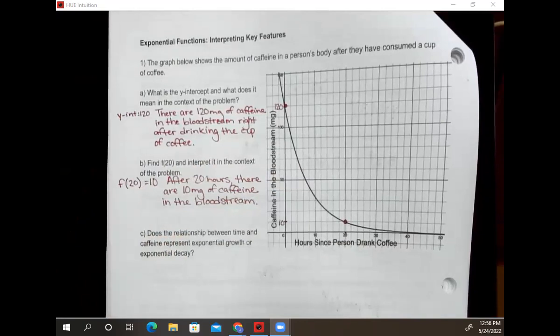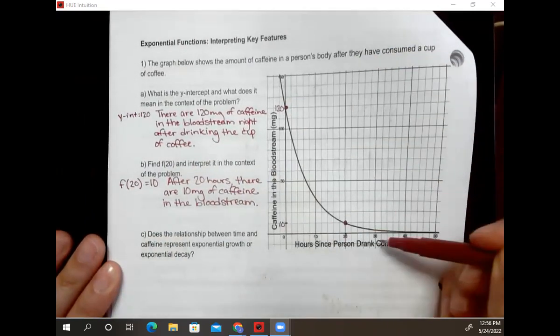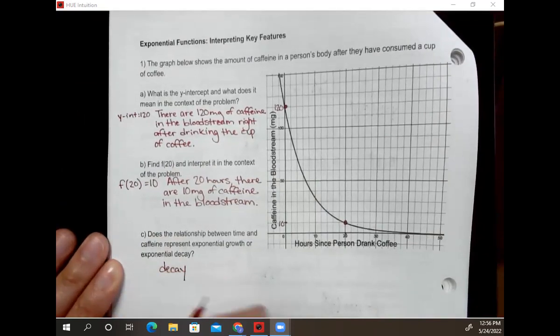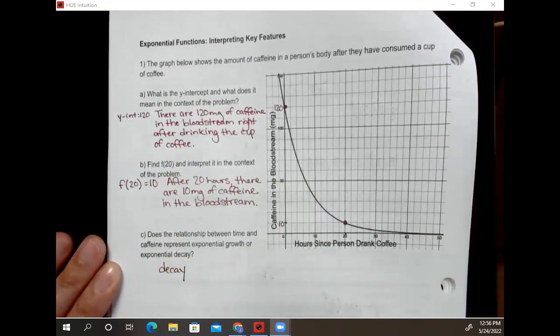That's what's left after 20 hours. And then C is asking us, does this relationship between time and caffeine represent exponential growth or exponential decay? What are we seeing here? Decay, right? The amount of caffeine that we have is decreasing. So this would be exponential decay. Good. Questions for me on number one?